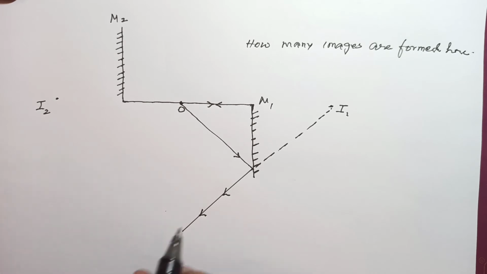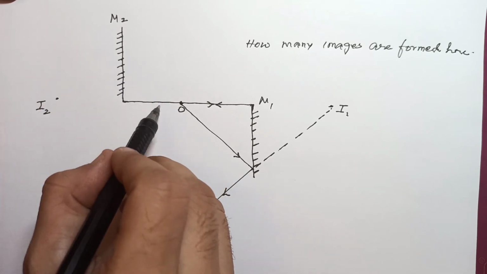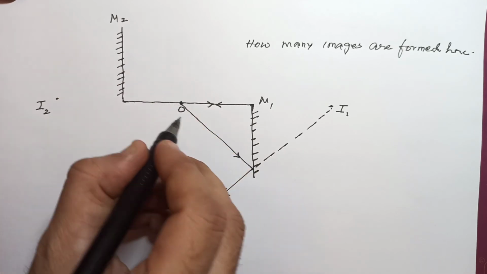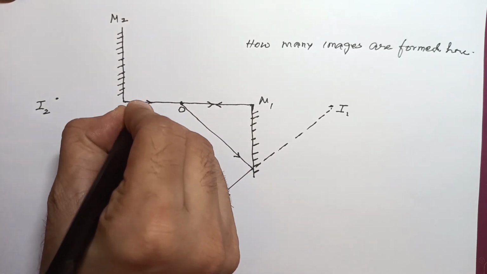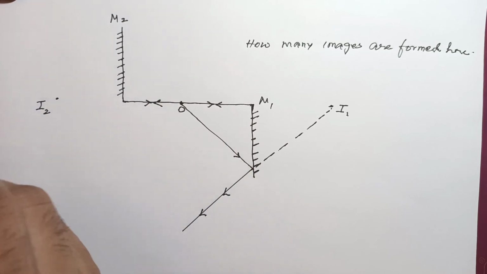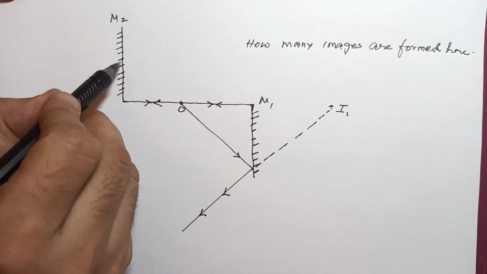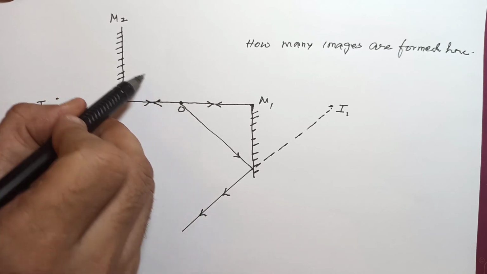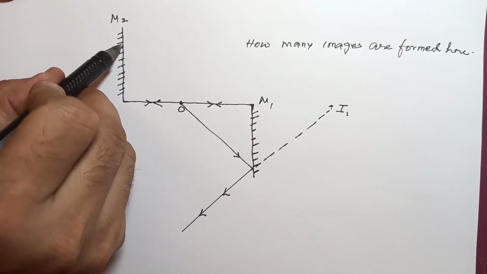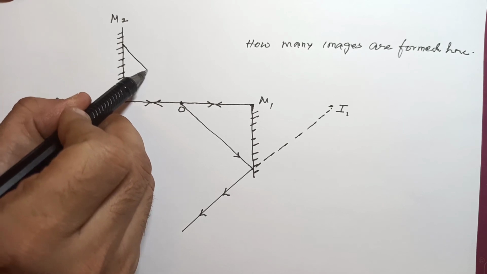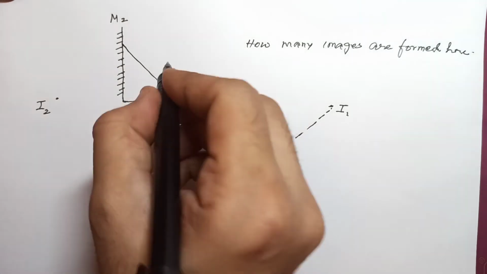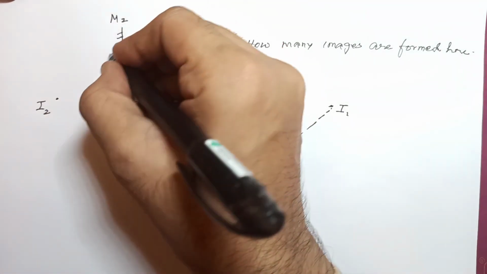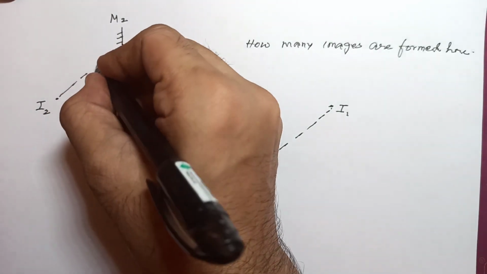Similarly, for the image on mirror 2, let's take one ray here and one ray here. If I take a path here, it will pass through this.